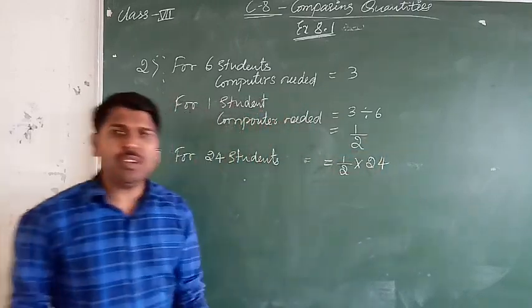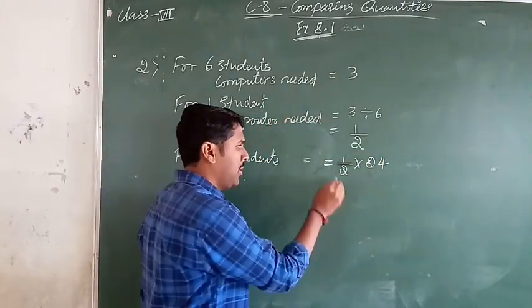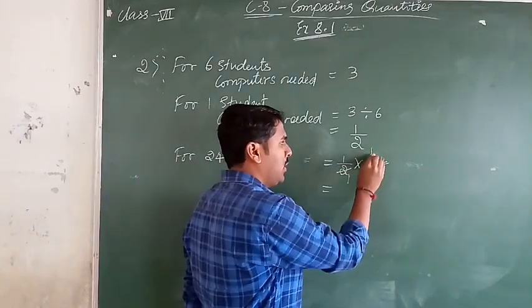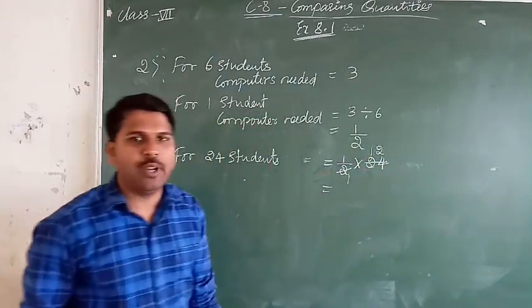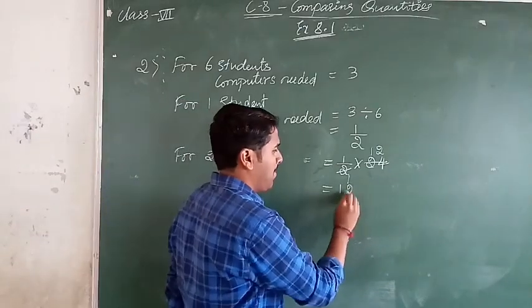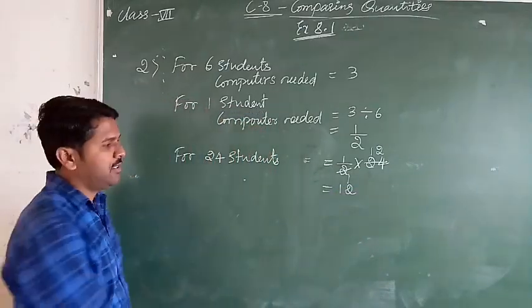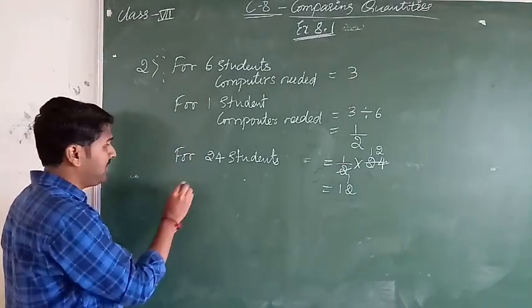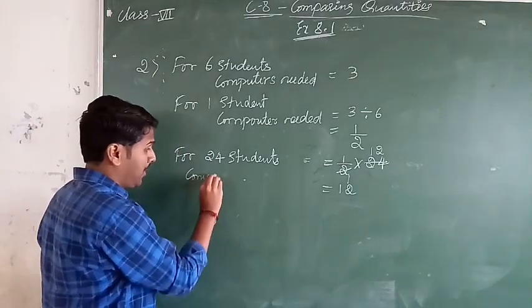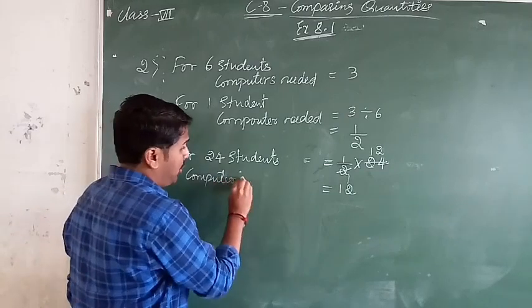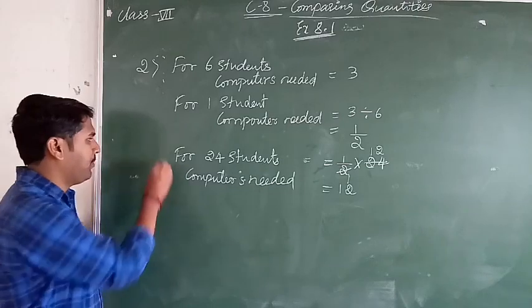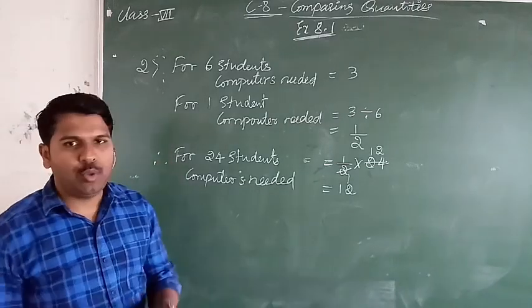Now cancellation is possible: 2 ones are 2, 2 twelves are 24. So 1 into 12, 12. So how many computers needed? Total 12 computers are needed for 24 students. Computers needed equals 12. Okay, so the answer is 12.